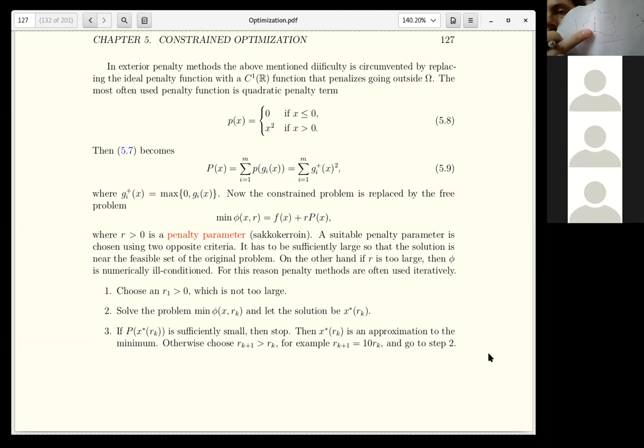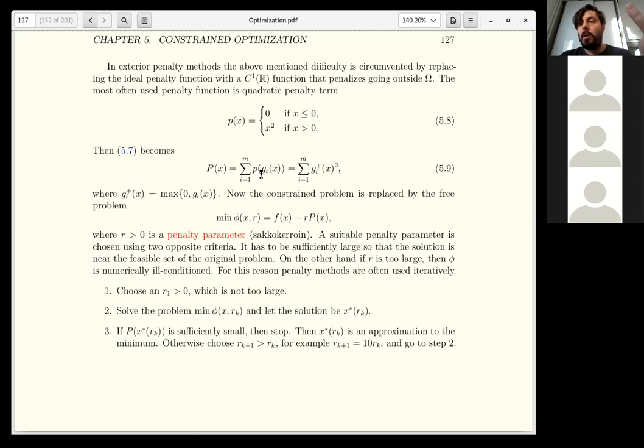This movement to outside the region is very small, so that this g of x's don't grow all that big, and while the function still keeps diminishing, we have a little room to go outside until this function is minimized, and the penalty is so big that it offsets any decrease in the function f.